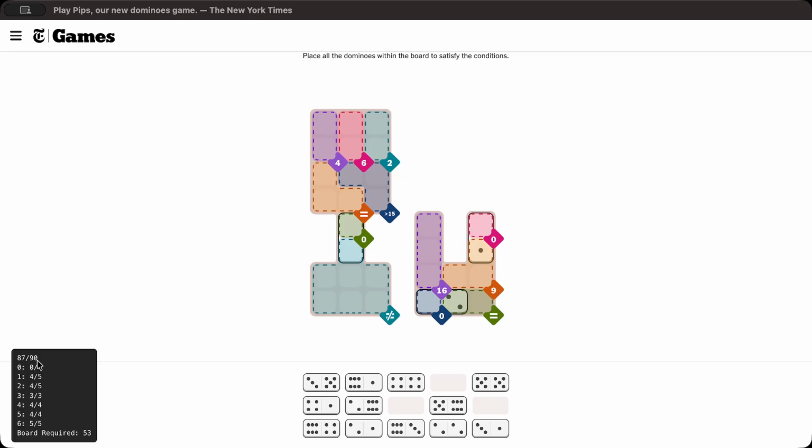So 16. So we're saying 16 is the most that these 5 cells can equal. It can't be more than 16. So 5, 10, 15. Okay, so this, yes.